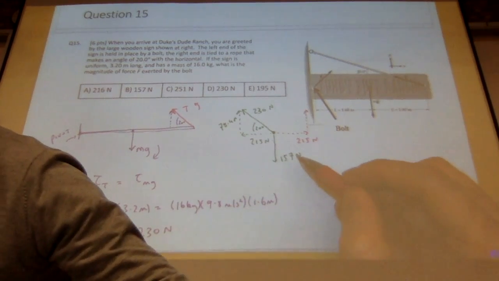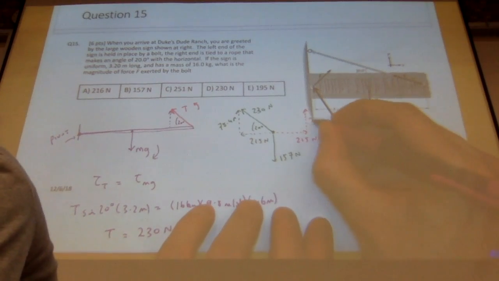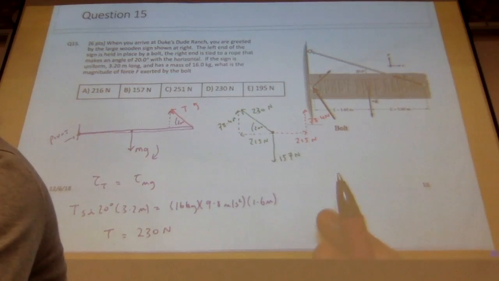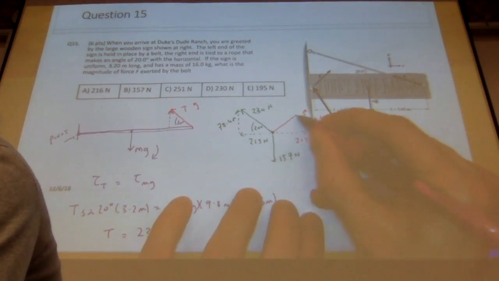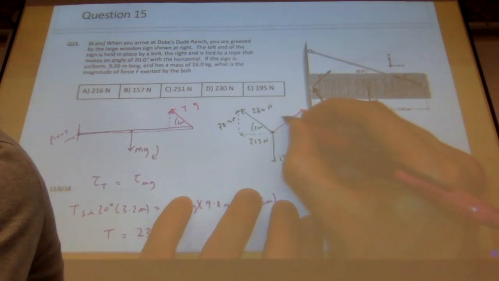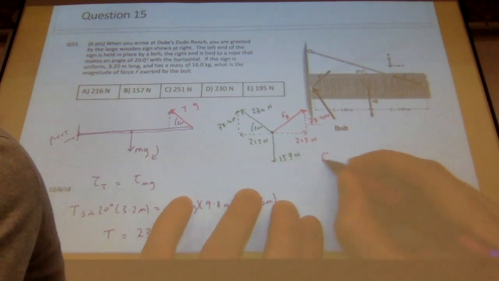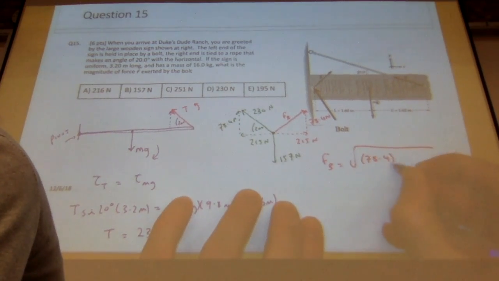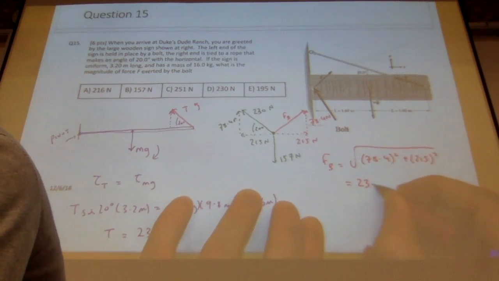So let's take the difference between those two. Again, it ends up being 78.4. So there is symmetry in this problem, but this is the general solution. If you didn't know this, you could solve for the bolt force, F bolt, as the square root of 78.4 squared plus 215 squared, which gives you 230 newtons.